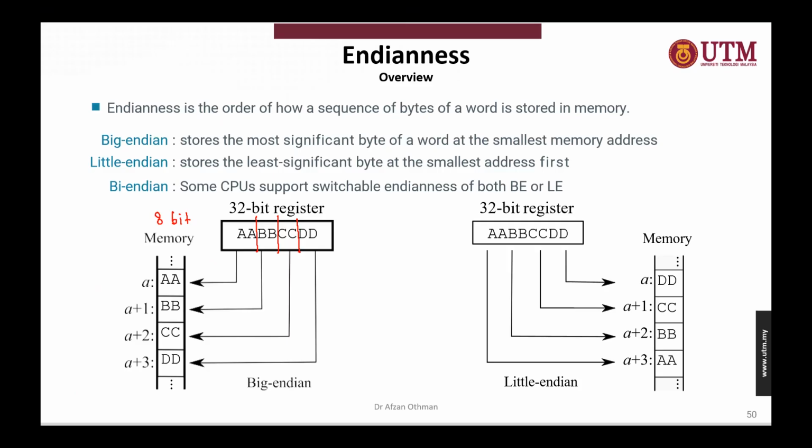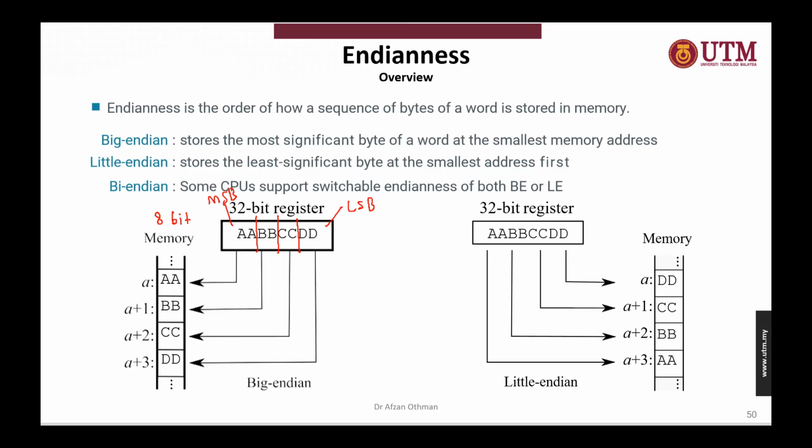So this is an 8-bit group, 8-bit group, and 8-bit group, so we have 4 bytes here. From here, we identify which byte is the least significant byte and which is the most significant byte.